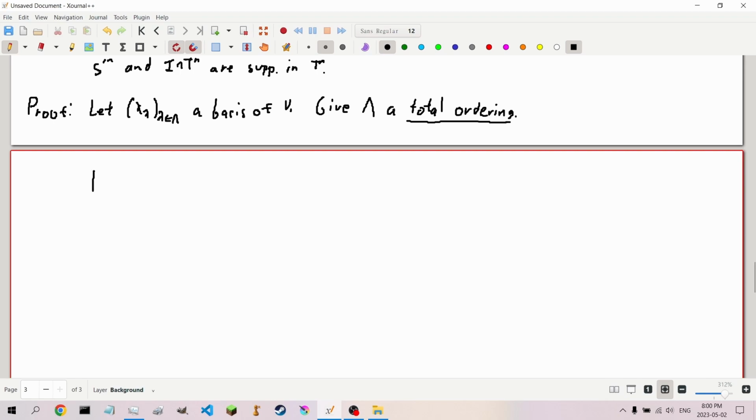So we're going to let lambda n be the n-long increasing sequences of big lambda.